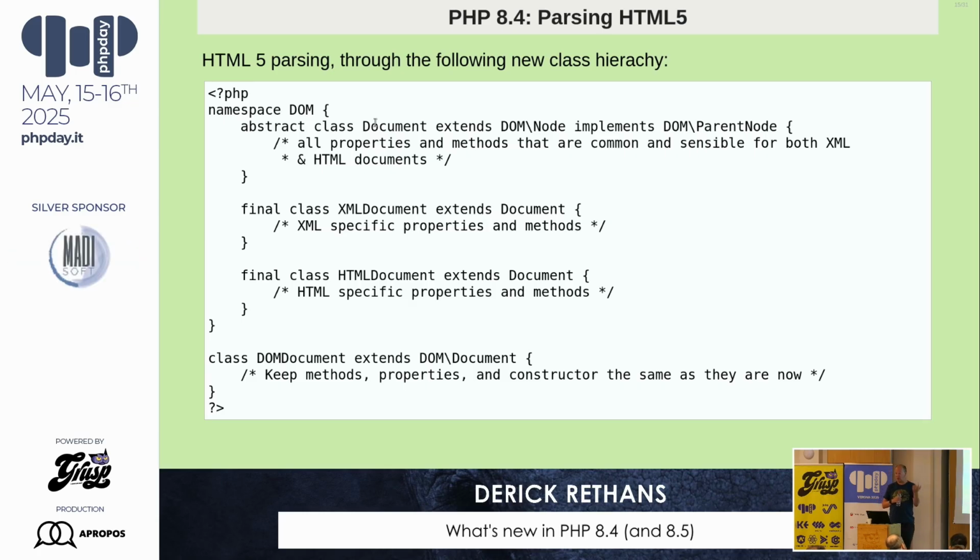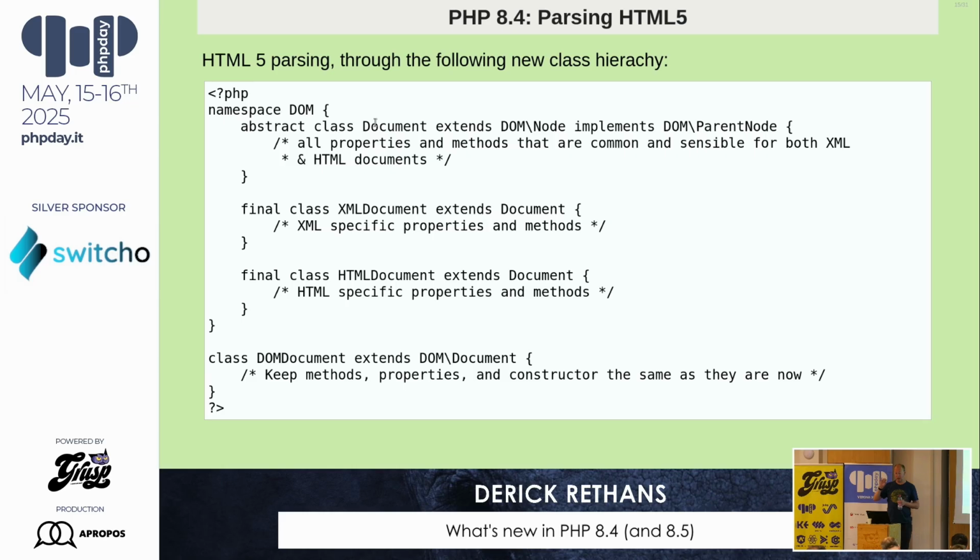So we created a new namespace, the DOM namespace, and we put in there the abstract class Document, which is basically what the original DOM document class was. And then there is an XML document in the namespace and an HTML document in that namespace.